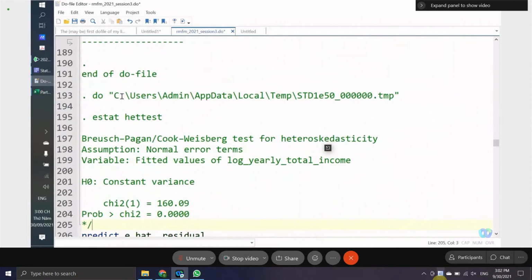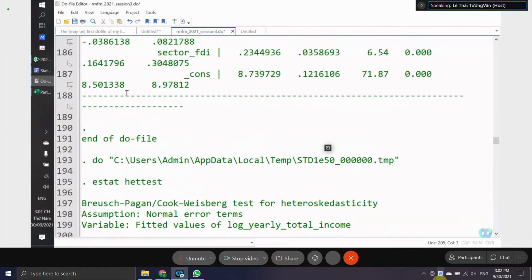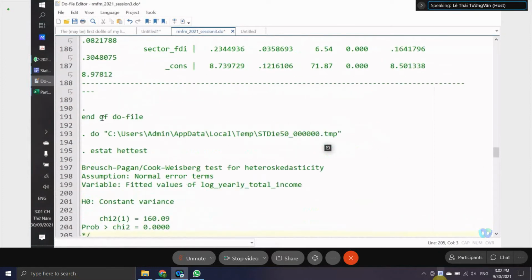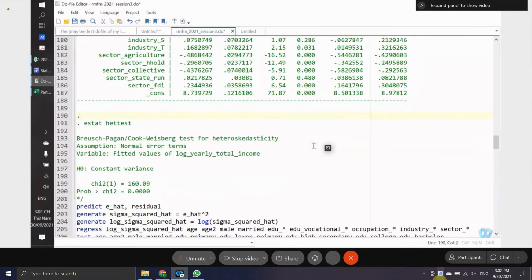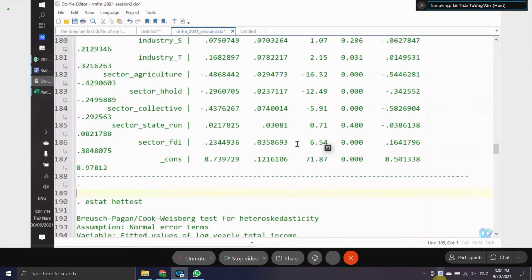This is what you would get. So, what is our conclusion here? What is our conclusion in this case?